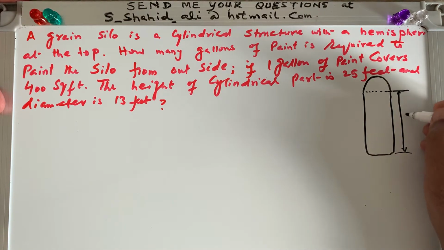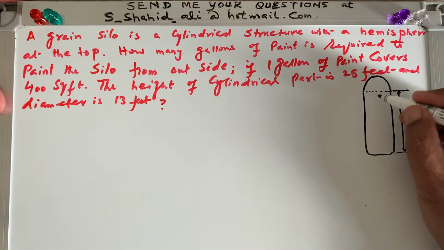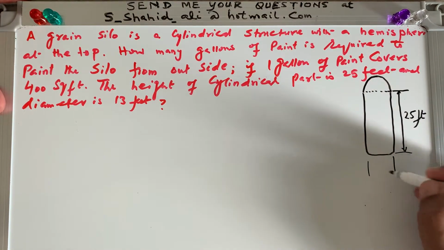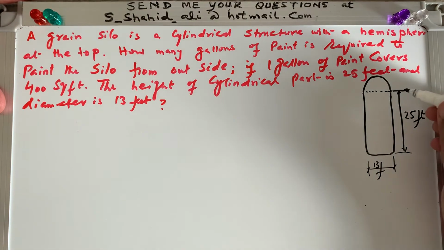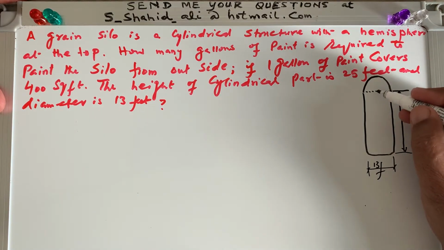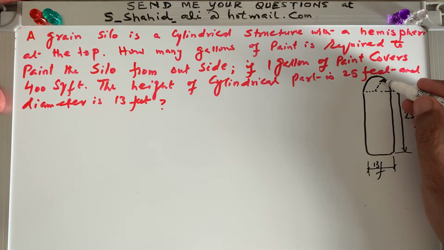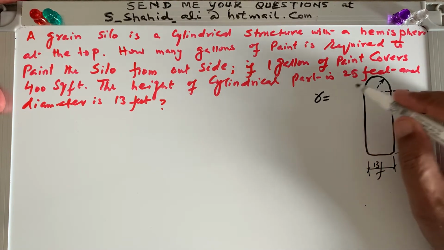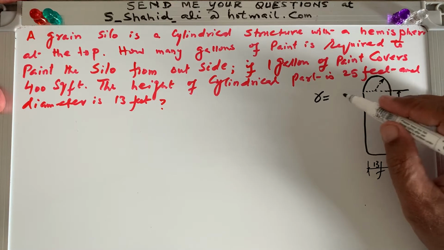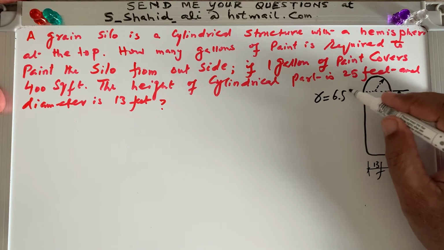It's given that the cylindrical part is 25 feet tall and the diameter is 13 feet. If the diameter is 13 feet, then the radius is half of it. So the radius is equal to half of 13, that is 6.5 feet, right?